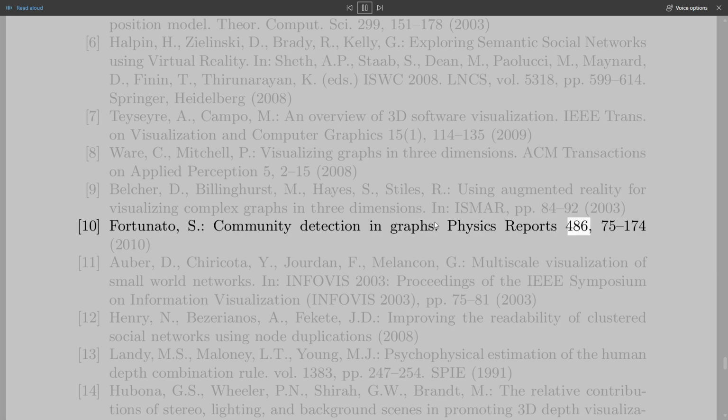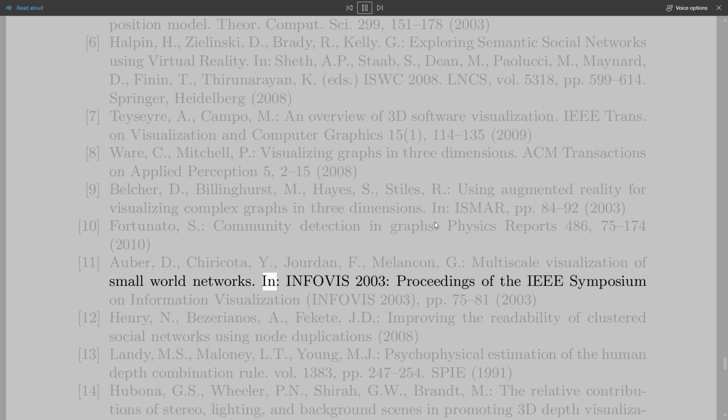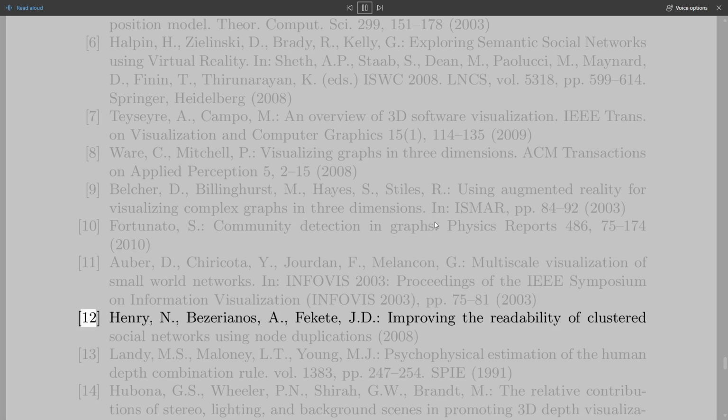Physics Reports 486, 75 to 174, 2010. 11. Auber, D., Chiricota, Y., Jourdan, F., Melancon, G. Multiscale Visualization of Small World Networks. In InfoVis 2003, Proceedings of the IEEE Symposium on Information Visualization, pages 75 to 81, 2003.